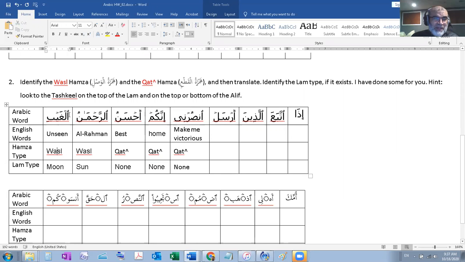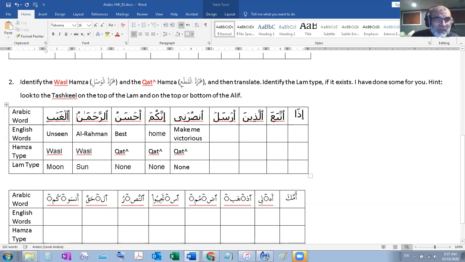If the Hamza has this mark on the top, it's wasl. But if it has a Hamza on the top or on the bottom, then it's qata. This one is qata because it has this Hamza on the bottom. But this one doesn't have a Hamza, which is the wasl.